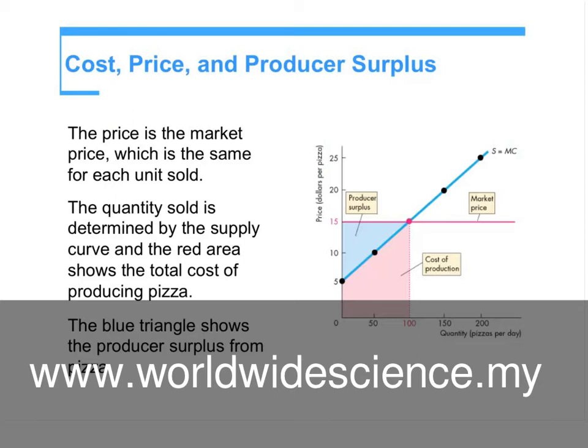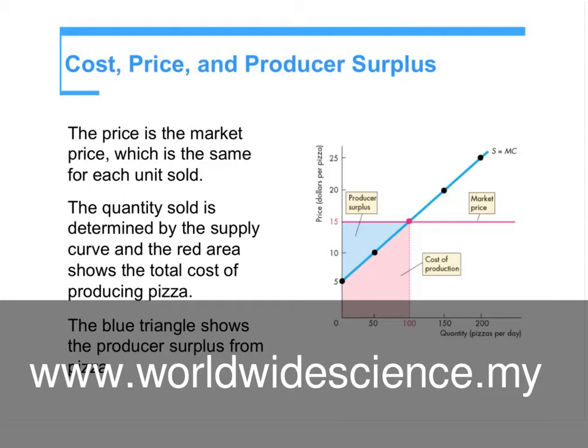So producer's surplus, as we discussed here, is the price of a good minus the marginal cost. So it's actually what the producers benefit from it, right?